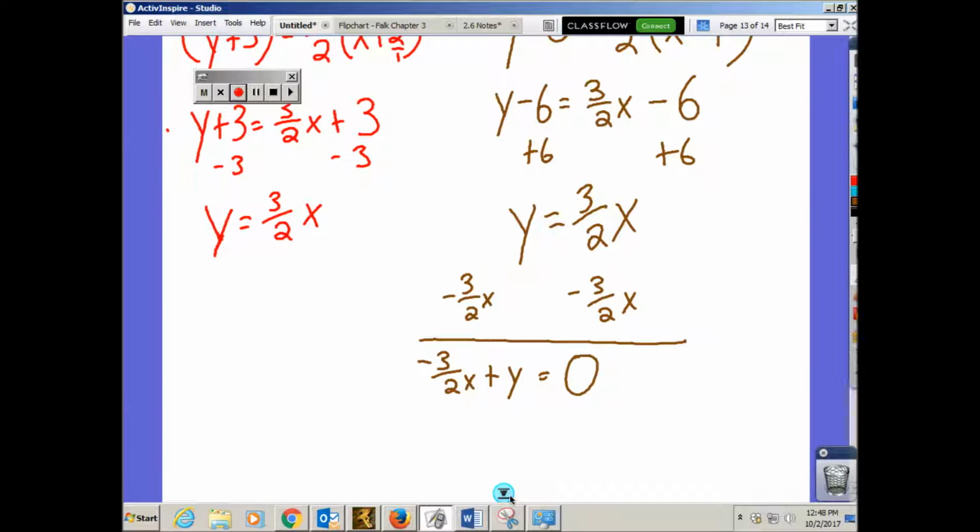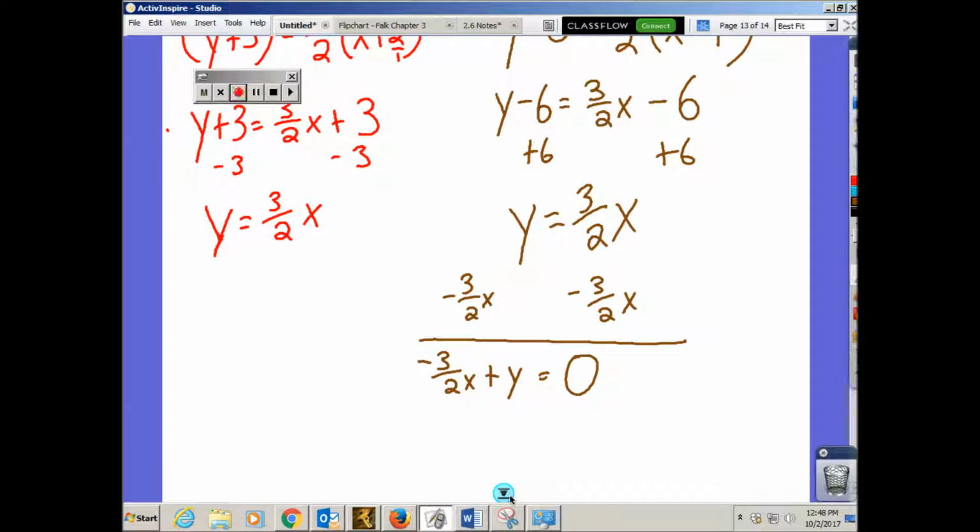Okay. So now, am I allowed to have a leading negative coefficient? Is my x allowed to be negative? No. Why? I don't know. I got no good answer for you. Mr. Parks, do you have any idea why we're not allowed to have leading x coefficients negative? I do not know why.